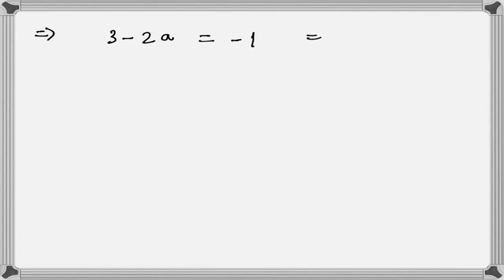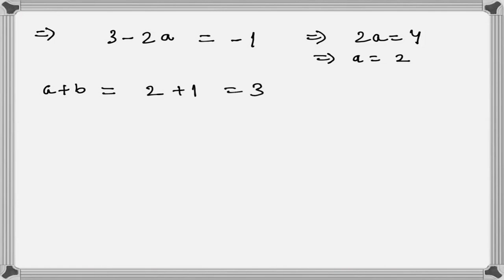This implies 2a is equal to 4, implies a is equal to 2. So a plus b is equal to 2 plus 1 is equal to 3. So the first part is done.